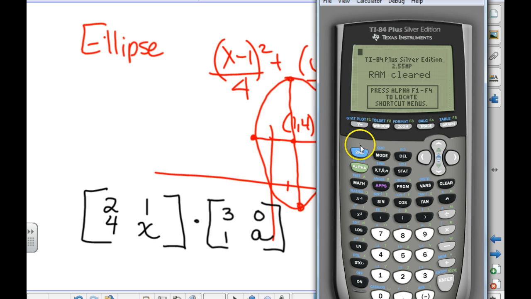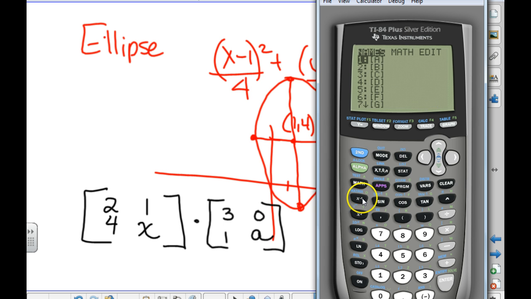I would go into matrix A and say it is a 2 by 2, and then I would type some numbers in. This one has a 2, a 1, a 4, and I can't put an X in, so I'm going to pretend it was a 5. And then I would quit, because I now have that stored in matrix A.